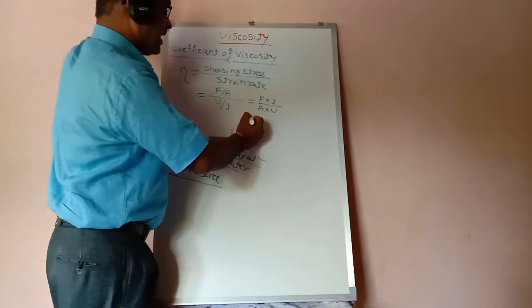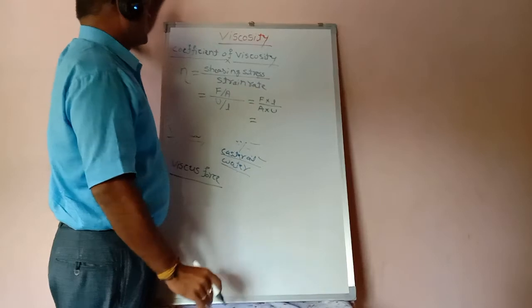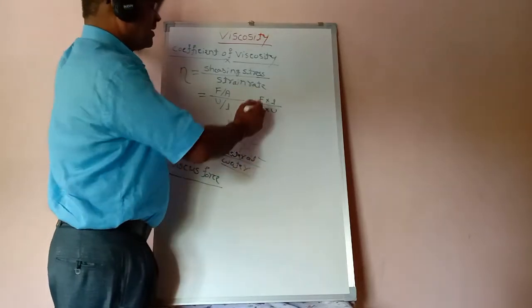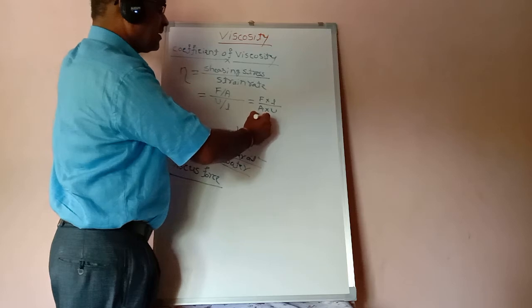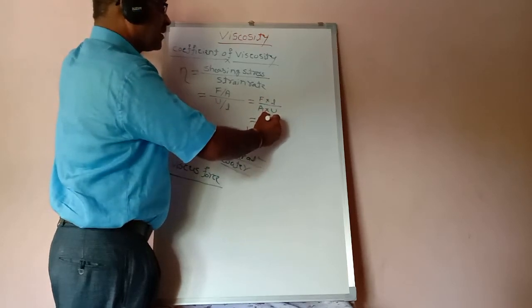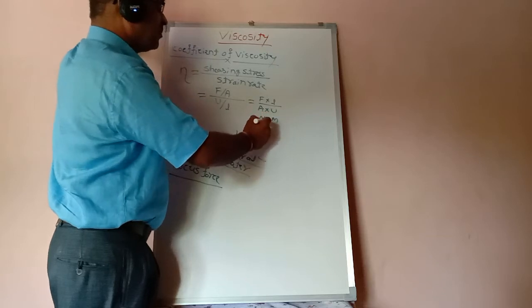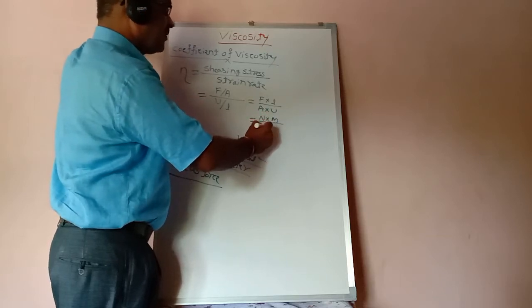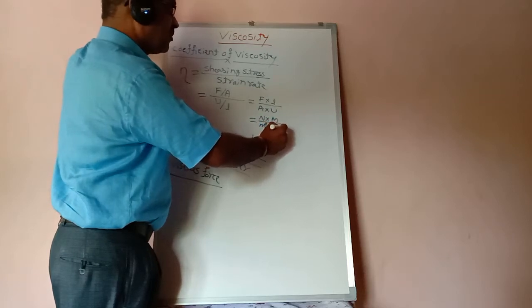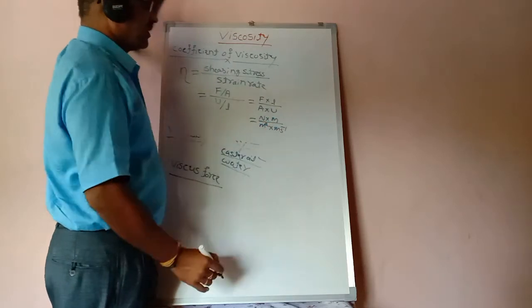So the unit of coefficient of viscosity: force is measured in Newton, length in meter, area in meter square, velocity in meter per second.